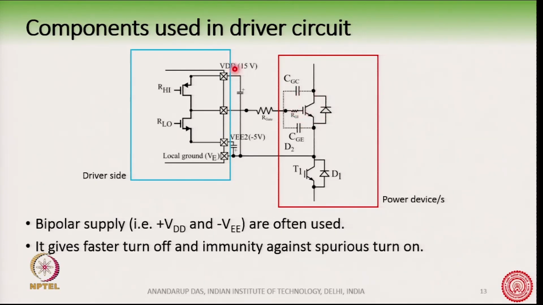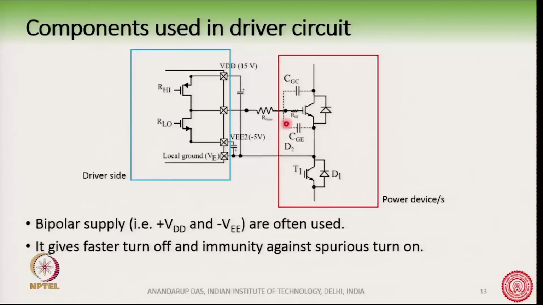Basically, we are charging this up through this RC. When we want to turn off the device, we will discharge the capacitor. The discharging will happen like this, through this capacitor and through this resistor, and like this the circuit gets completed.